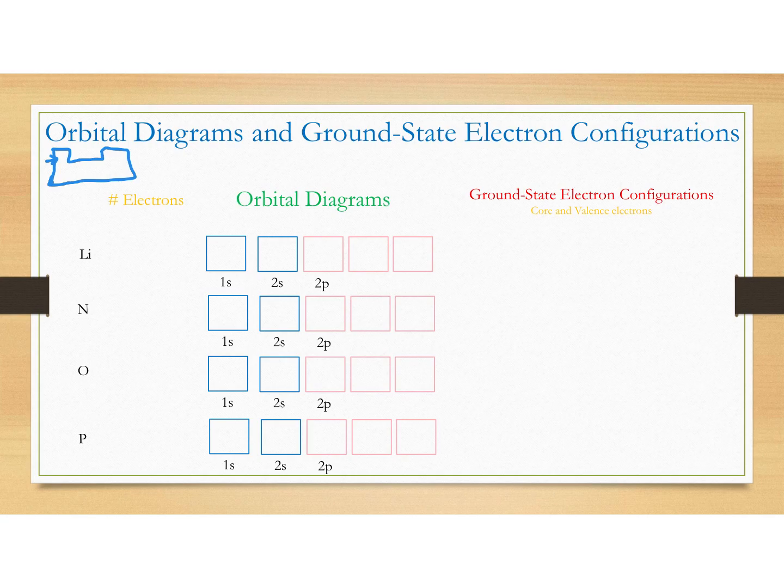So in this case, can I use this diagram? For phosphorus, I should have a 3s and a 3p and a 3d. I would need more boxes out here because I am in the third period.